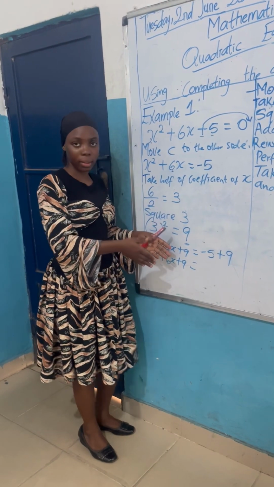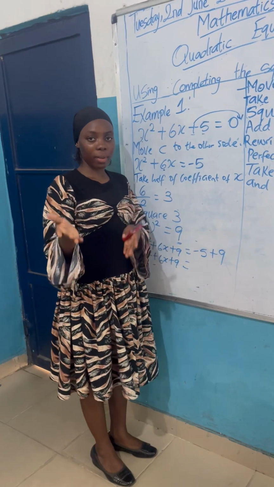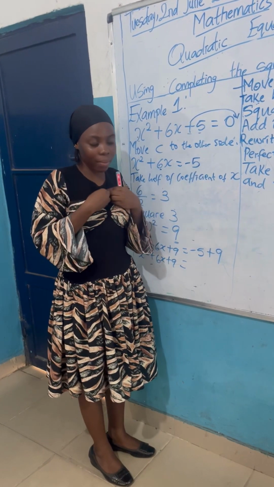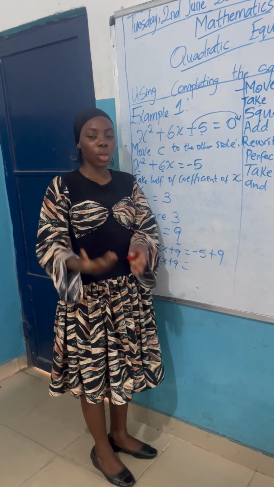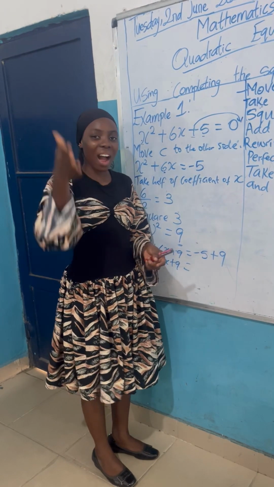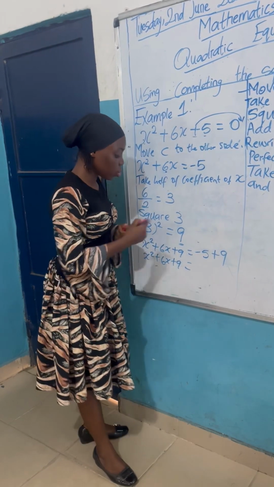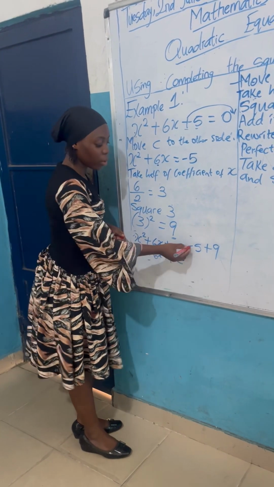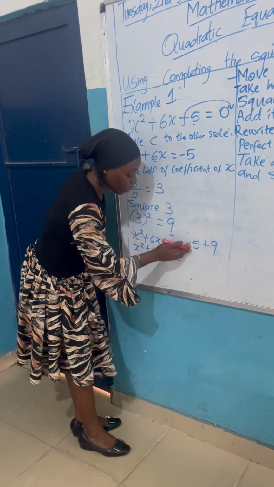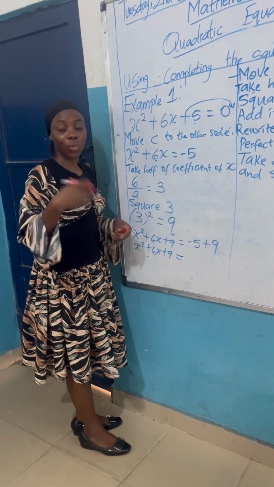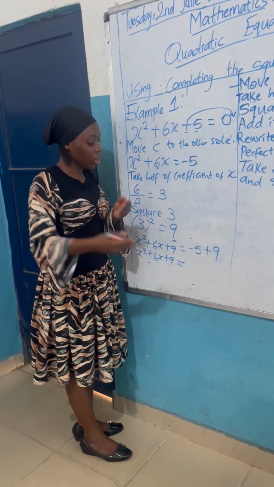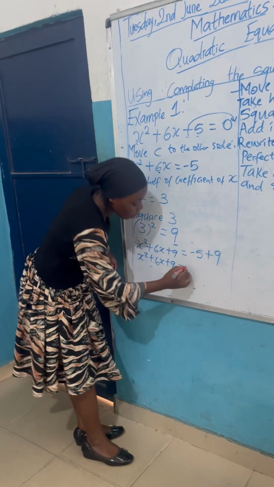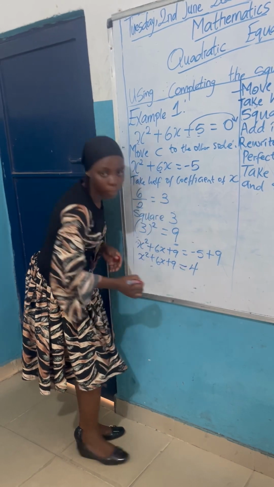You are owing me 5 naira and you have 9 naira with you. So if you give me that 5 naira, you still have 4 naira with you. So plus represents having something, but minus represents owing. So we have plus 4.